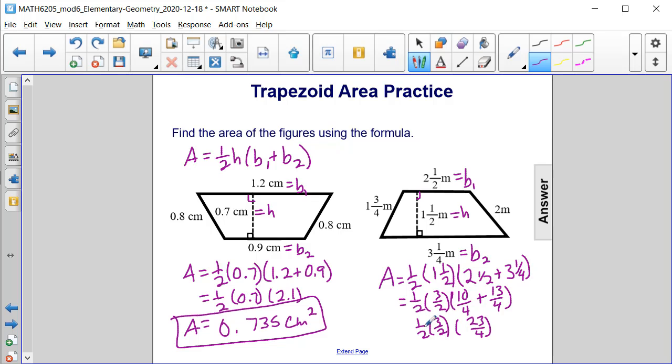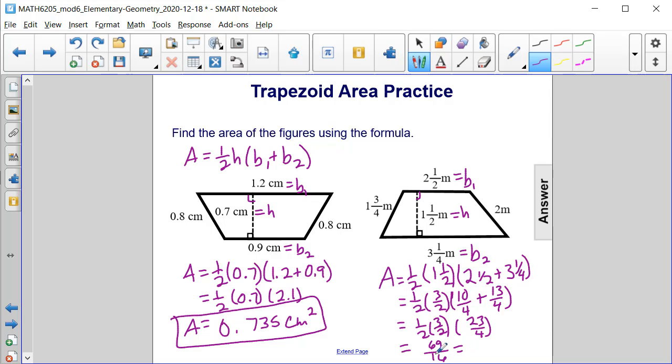And if we look across the numerators and denominators and compare them, we don't have any values that can cancel each other out or divide out. So we're going to just multiply straight across. 1 times 3 is 3, and 3 times 23 is 69. And then 2 times 2 is 4, and 2 times 2 is 4, and 4 times 4 is 16.